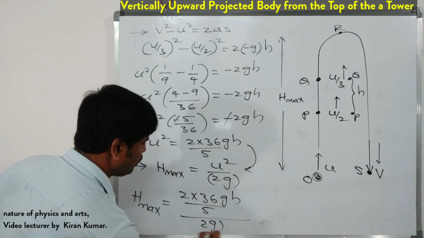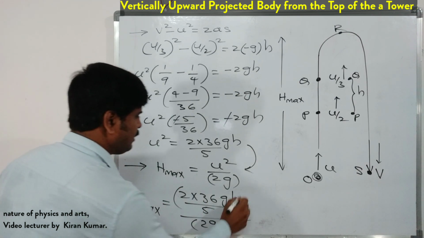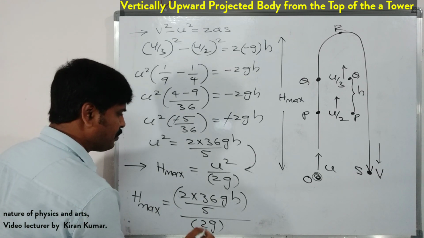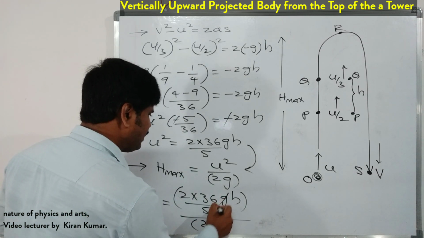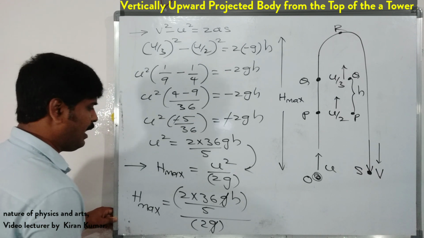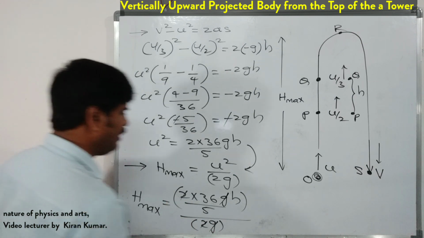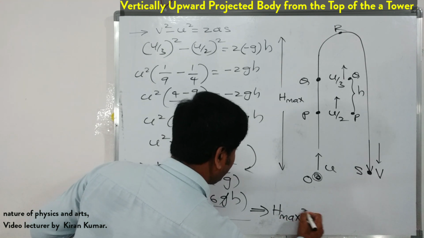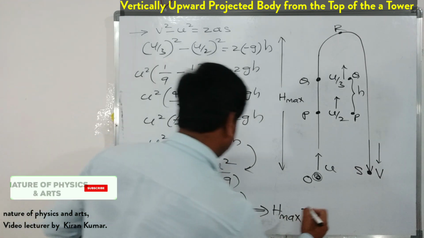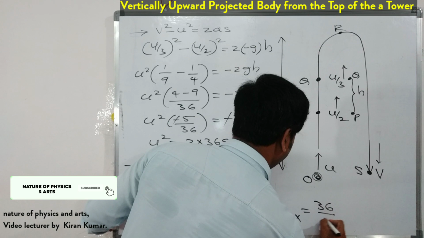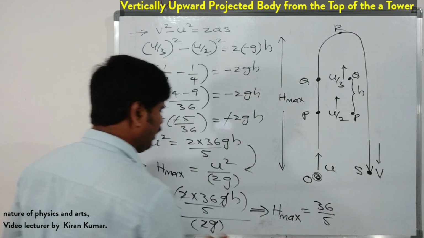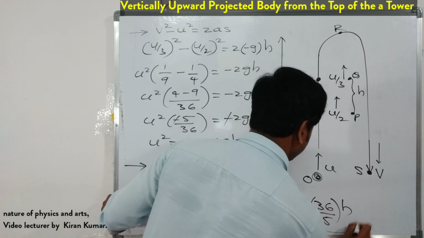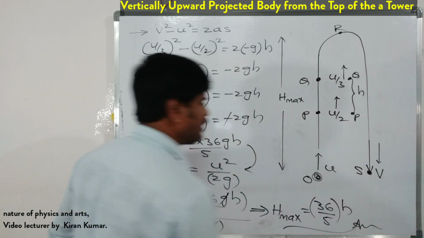This is the u² value in the numerator, and the denominator is 2g. Here the g's get cancelled and the 2 gets cancelled. We got H max equal to 36 divided by 5 into h. This is the answer for the given question. Please copy this.